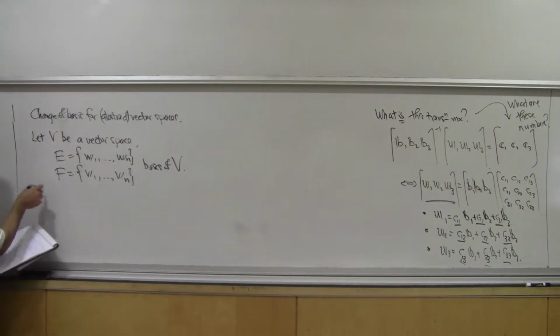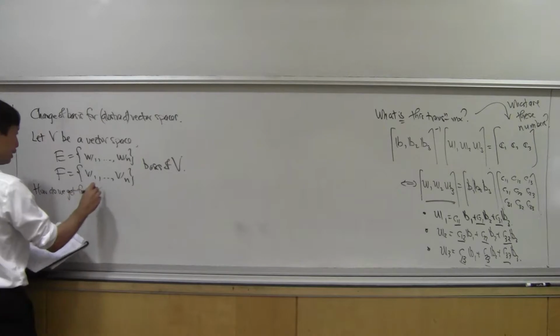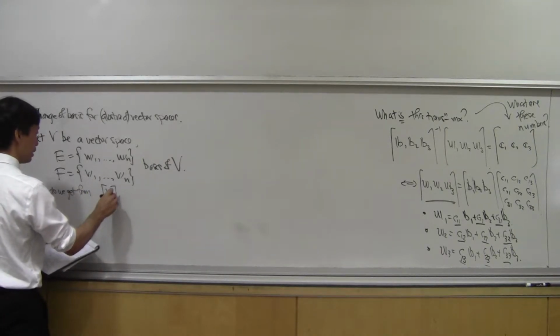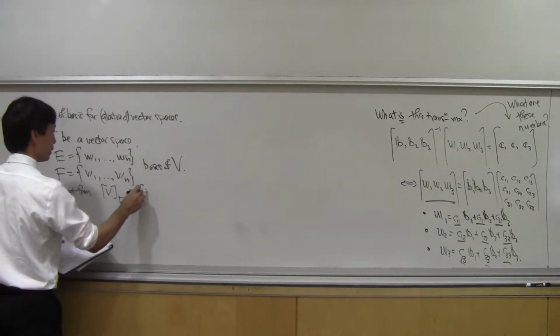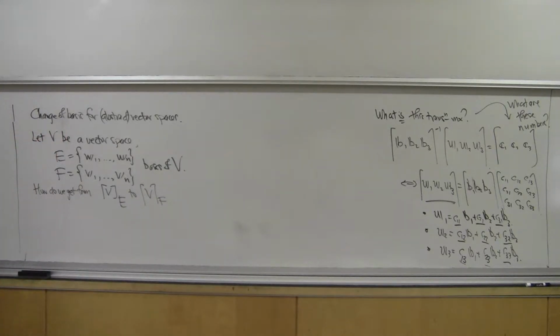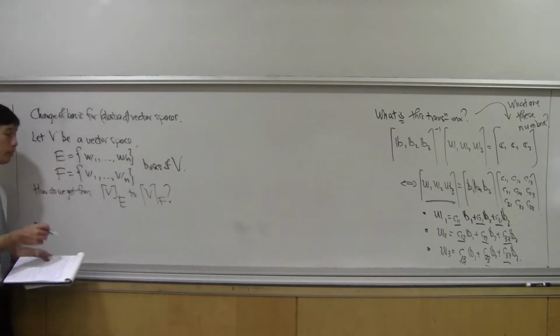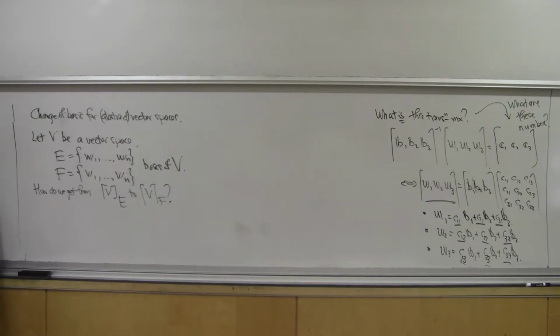And the question is, how do we get from the coordinate vector with respect to E to the coordinate vector with respect to F? What is our transition matrix?